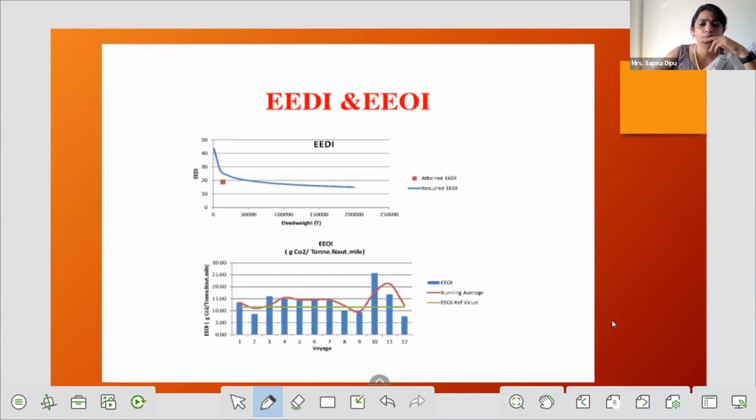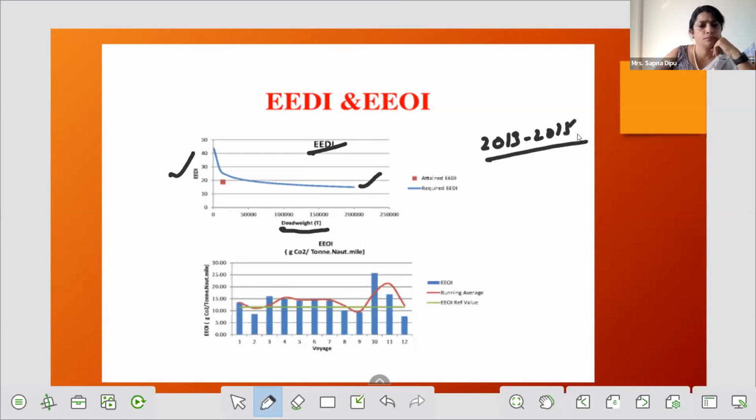Now take EEDI. We have deadweight on the x-axis, and on the y-axis is EEDI. So IMO has given a required EEDI line, that is phase 0. Phase 0 is 2013 to 2015.